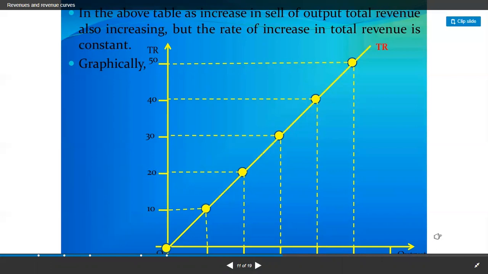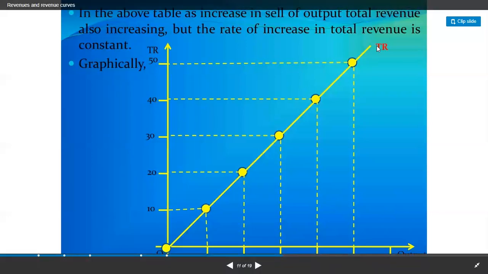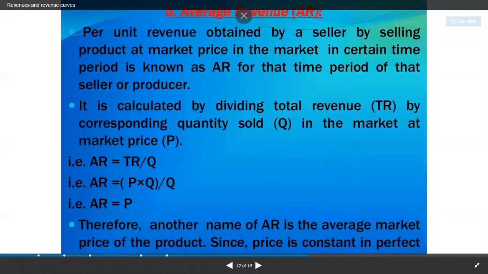Here the quantity sold, your output, is given, and 10, 20, 30, 40, 50 is the total revenue we get by the selling price. So this is the graph shown by that. Now we are discussing the average revenue.